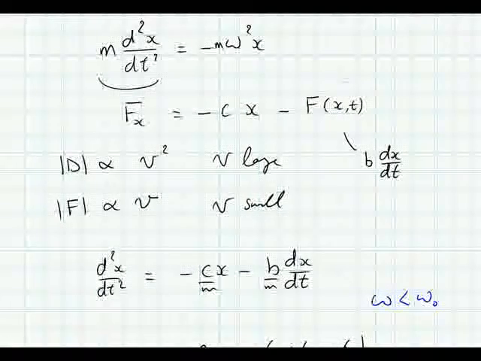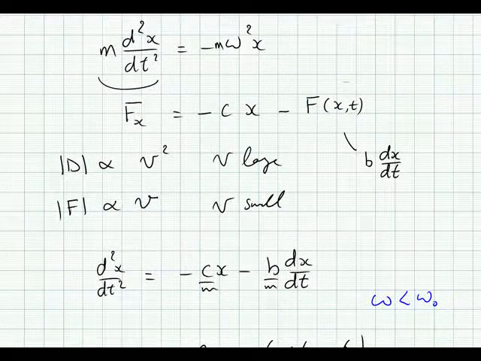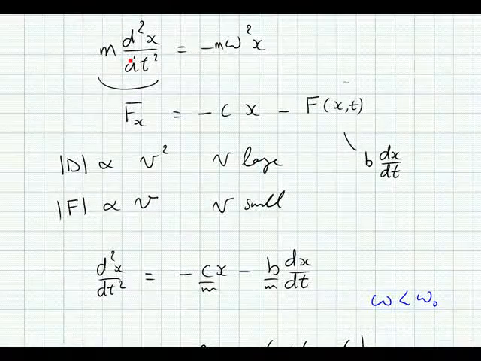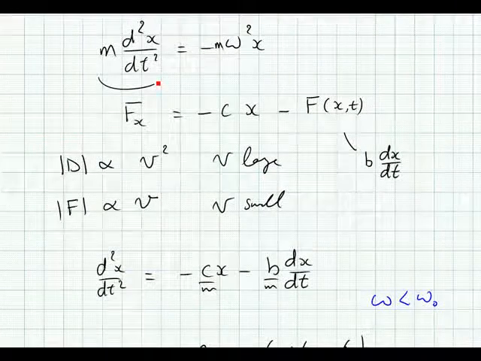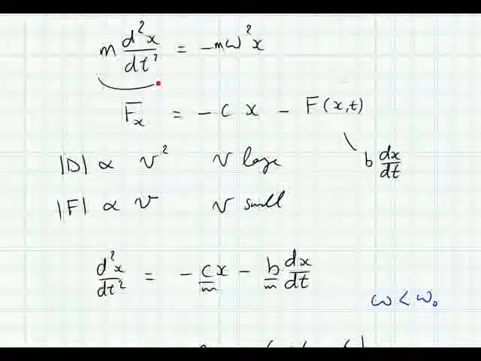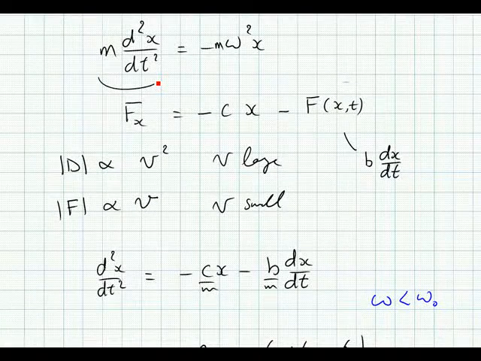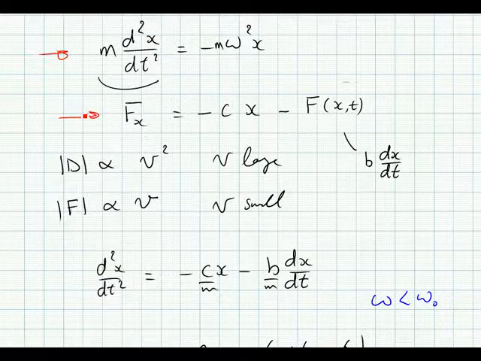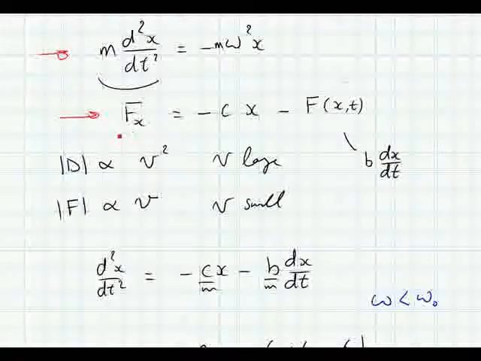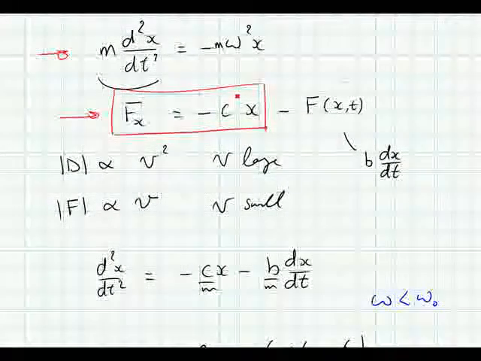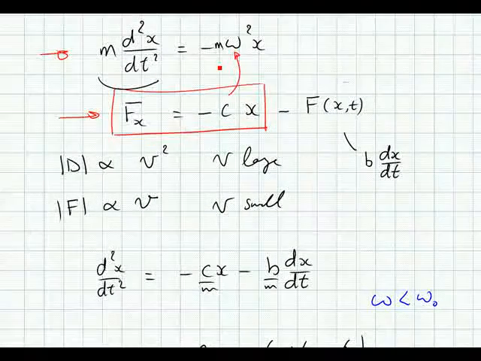Now, we said that if we have an equation of the form d2x dt squared is minus omega squared x, we have simple harmonic oscillation. Multiply both sides by m, and we end up with force is given by minus cx, where c is a constant. We showed that that constant is equal to omega squared.